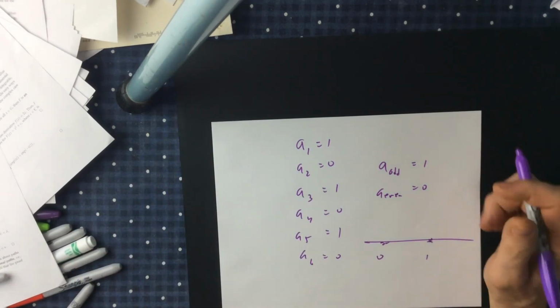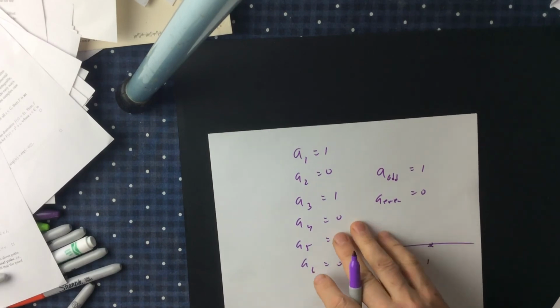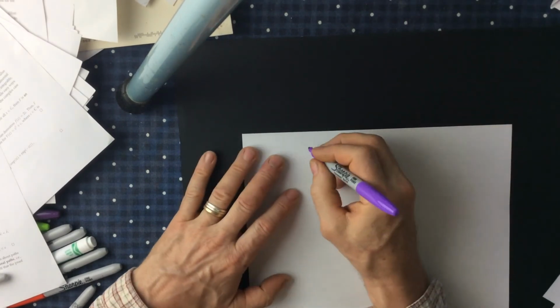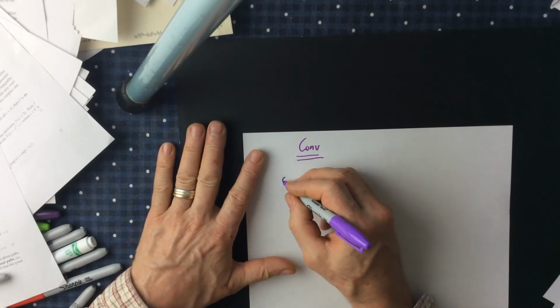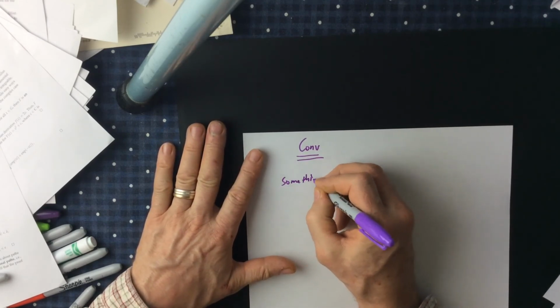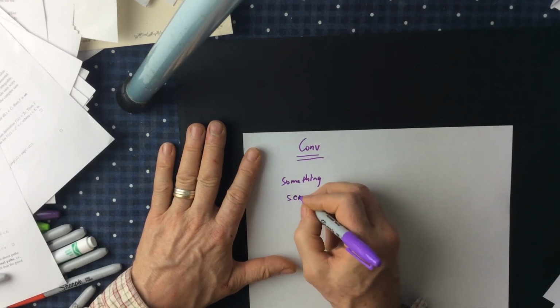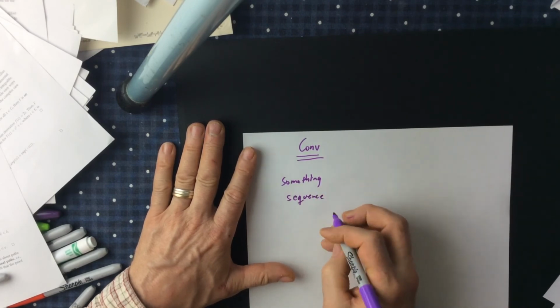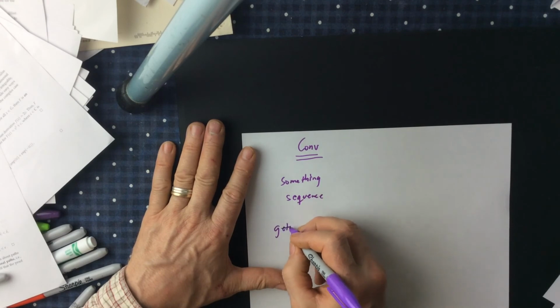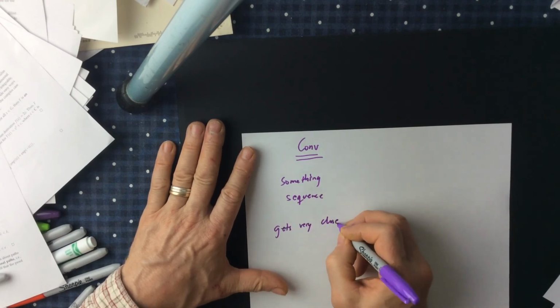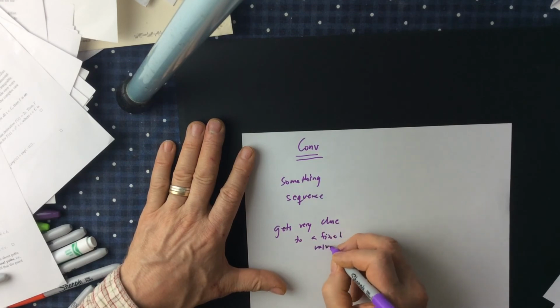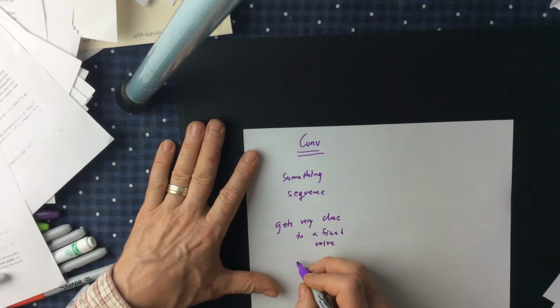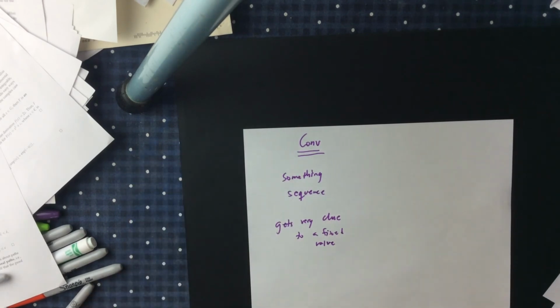They don't get close to something. So the core idea of convergence is that something well defined, usually a sequence, a list of numbers, gets very close to a fixed value. And what do we mean by close?